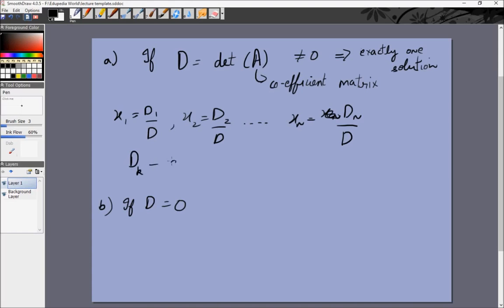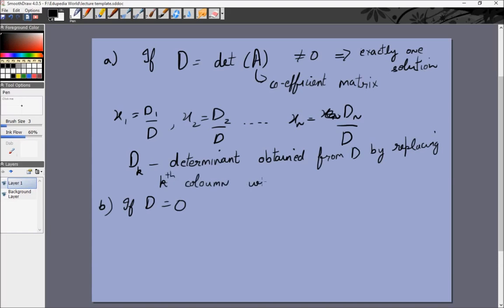It is the determinant obtained from D by replacing the kth column with b1, b2, bn. Let's discuss the second case in a moment.